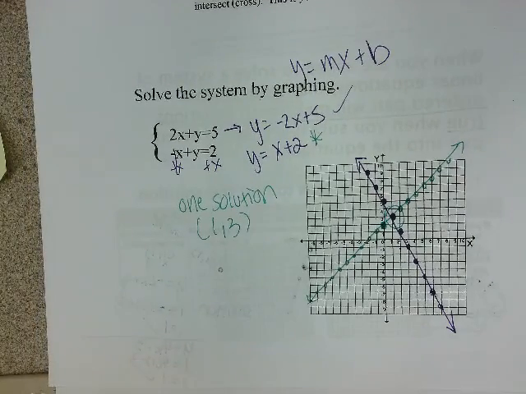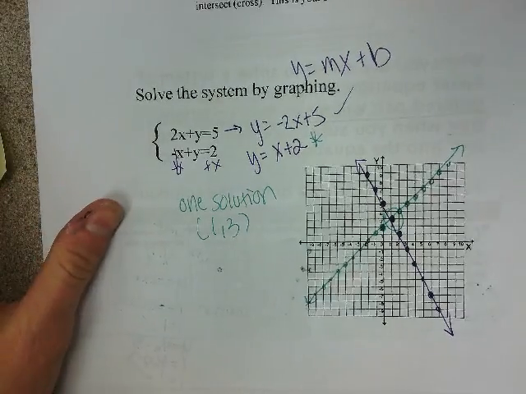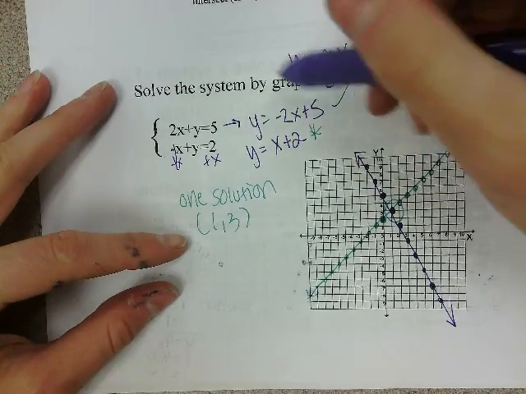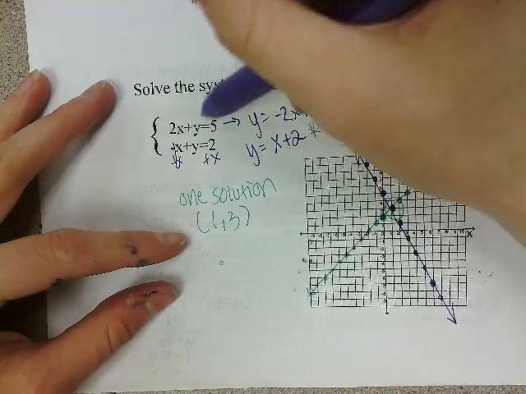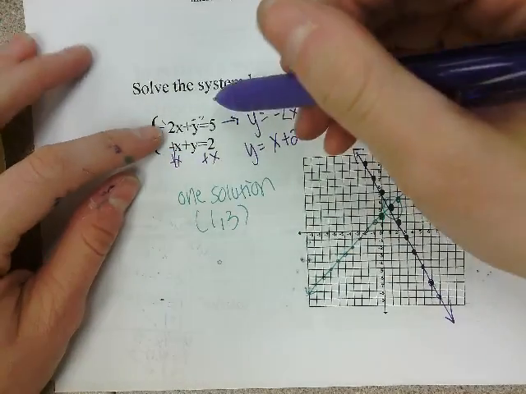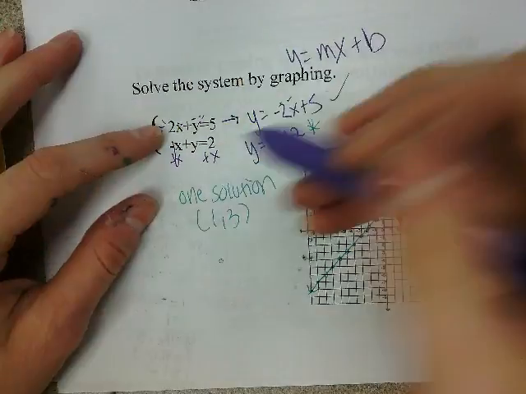Now, remember the last step was to check ourselves before we wreck ourselves. So I plug in, you can choose either one. I'm going to just choose these. So I'm going to plug in 1 for x and 3 for y.